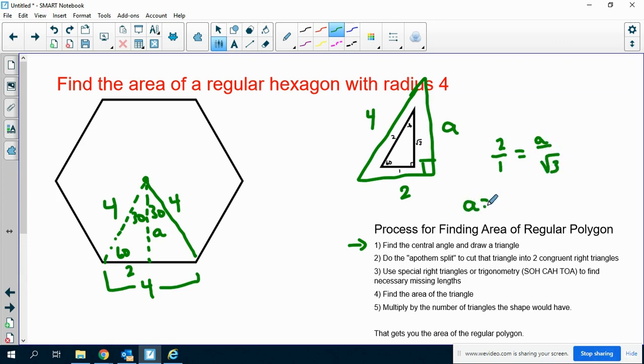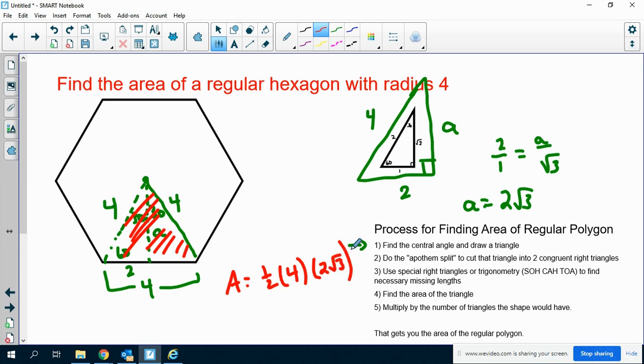So the apothem is 2 root 3. So the area of this triangle is 1/2 times the base, which is 4, times the height, or the apothem in this case, which is 2 root 3. So the area of one of these triangles is 4 times the square root of 3.